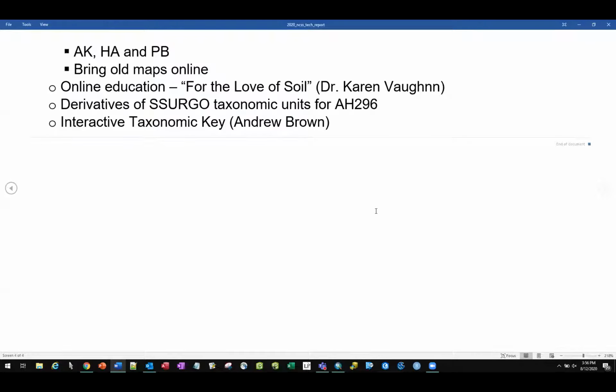Derivatives for the series taxonomic units for the Ag Handbook 296. And then an interactive taxonomic key, which Andrew Brown is working on. So there's some new tools coming out. There's old tools that need to be revamped into the newer systems. Perfect example, ArcMap is 32-bit, ArcGIS Pro is 64-bit. It's a big jump. You can work on a lot larger areas with smaller raster values.